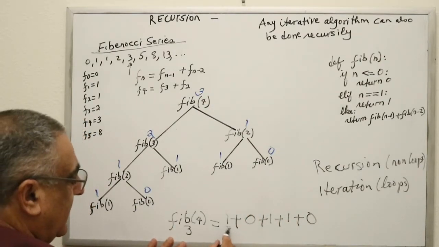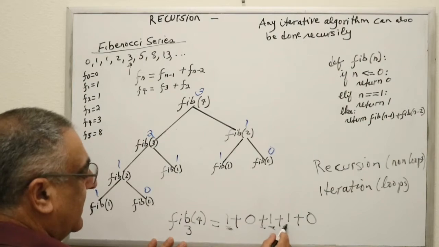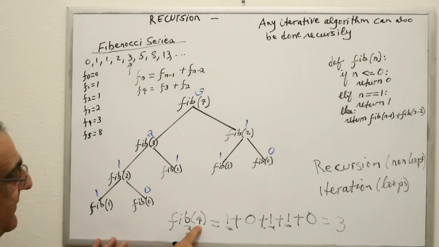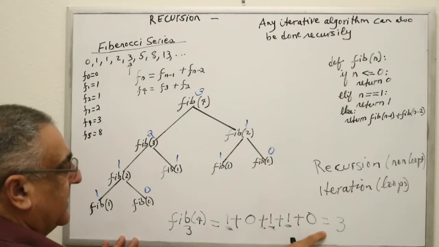So if I add 1 plus 1 plus 1, that gives me 3. That means the Fibonacci of the fourth term is 3.